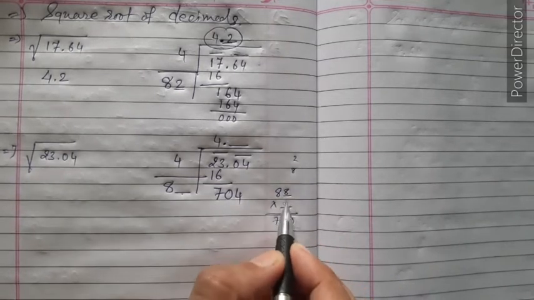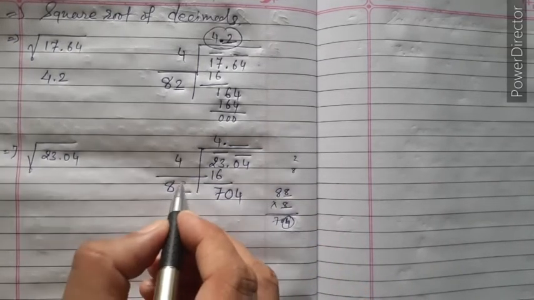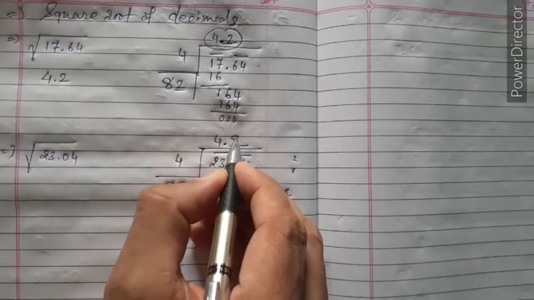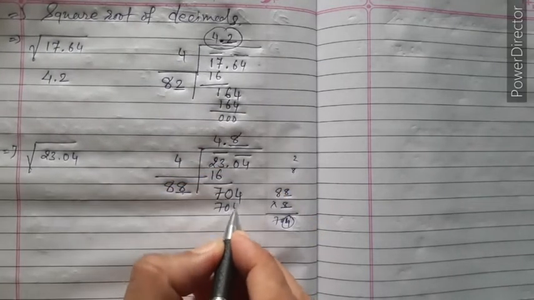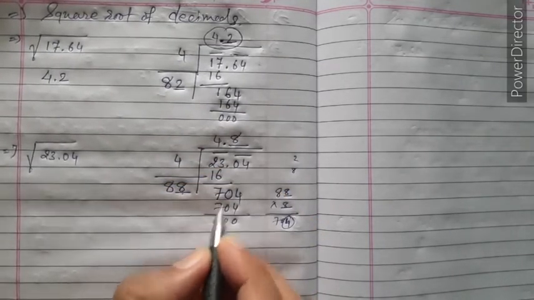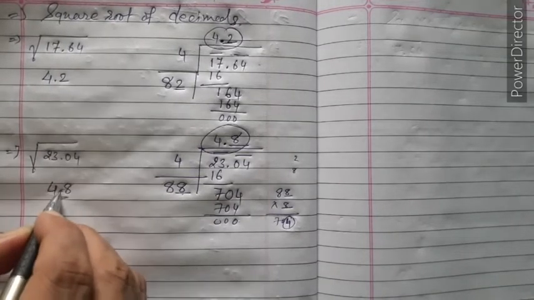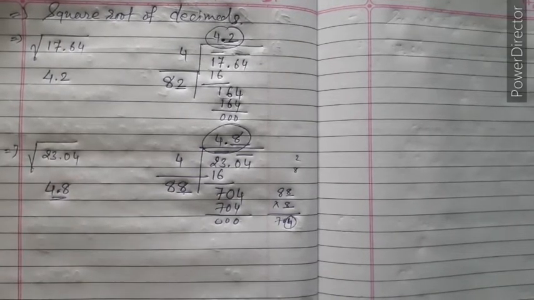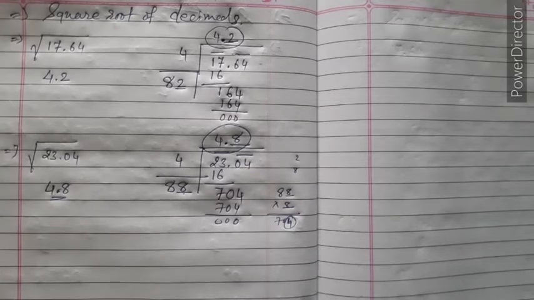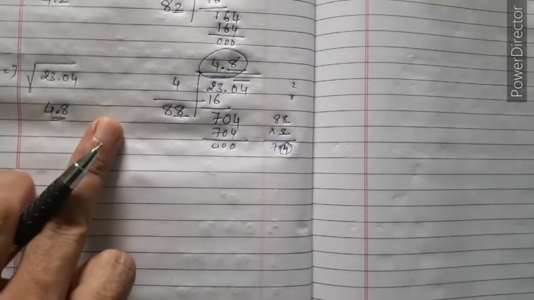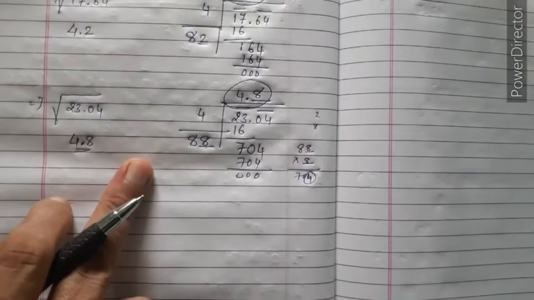Here we get 88 8s are 704, remainder 0. So answer is 4.8. That is square root of decimal with division method.